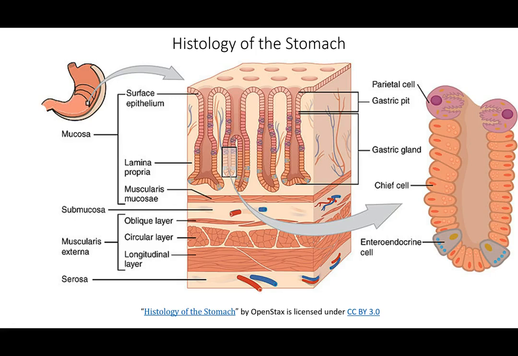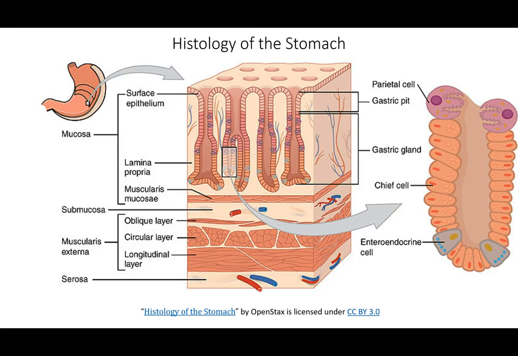But within the fundus and body of the stomach, there are going to be much larger glands, which are producing a lot more gastric secretion, because we're doing a little bit more chemical digestion in that region of the stomach. And so those can be made up of parietal cells, chief cells, mucous neck cells, and some enteroendocrine cells to produce a bunch of different substances.